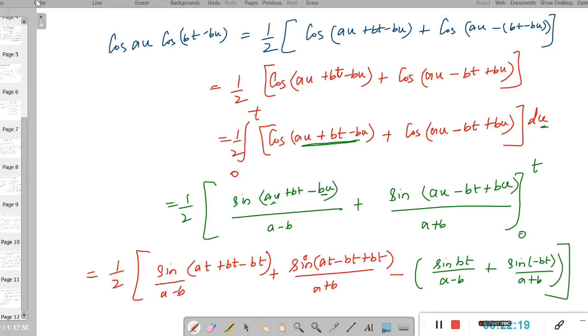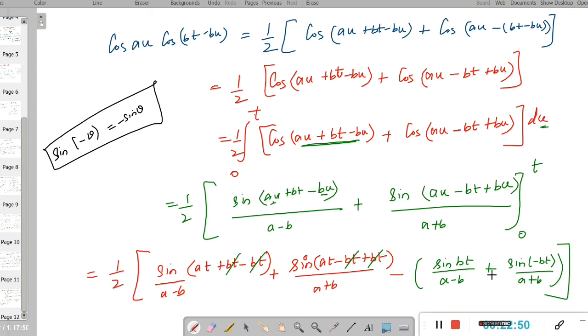So here you can cancel these two terms. Here also you can cancel this term. So from that you get sin at by a minus b plus sin at by a plus b. Before multiplying you have to apply one formula. We know that sin minus theta equal to minus sin theta.